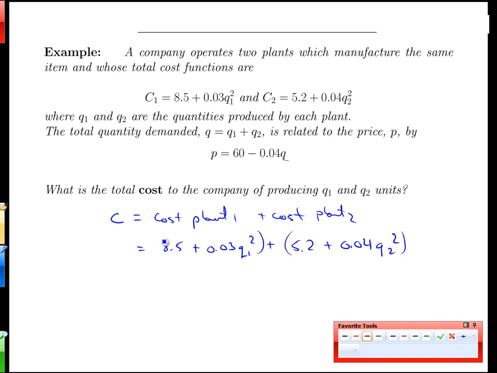So those are packages there, and that gives us our manufacturing costs as a function of Q1 and Q2 together. We can simplify that a little bit. That would be 18.7 plus our fractional costs here that depend on the production. So these would be the fixed costs, and these have some essence of variable costs in them.